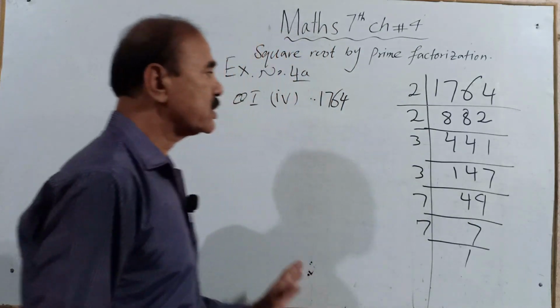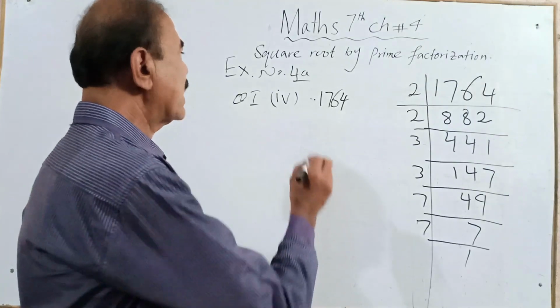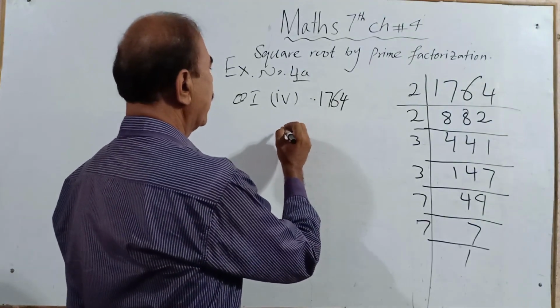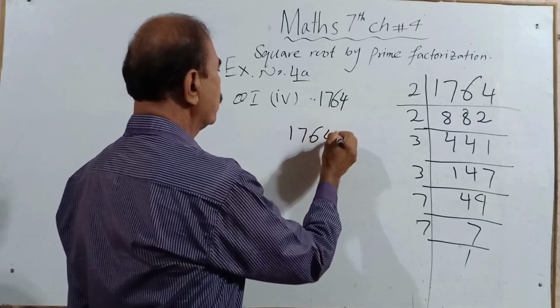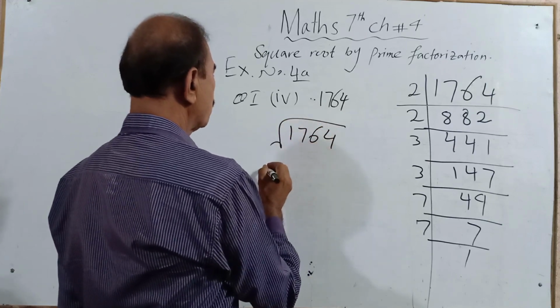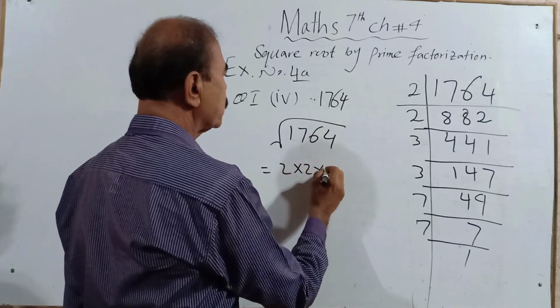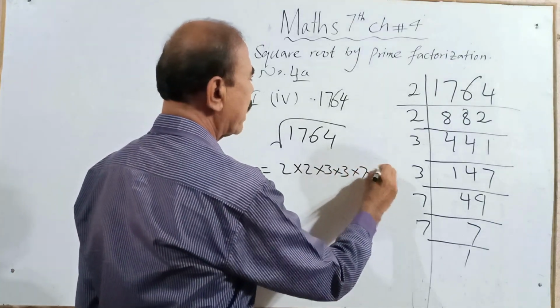Now students, here is the prime factorization. Now find its square root. How can we find its square root? Here is 1764, its square root. So we can write 2 into 2 into 3 into 3 into 7 into 7.